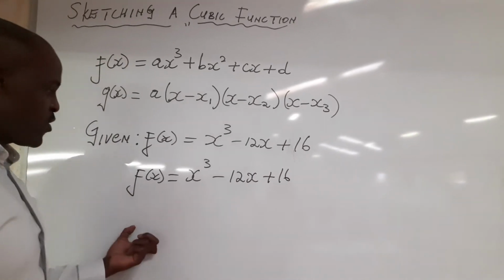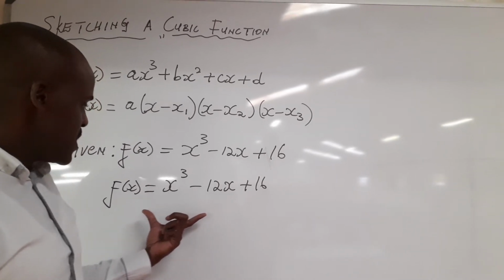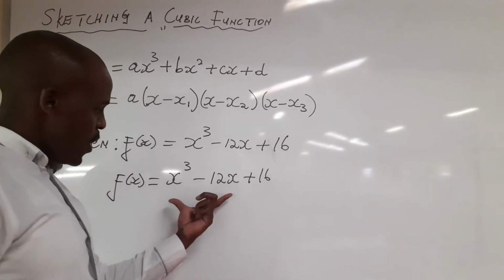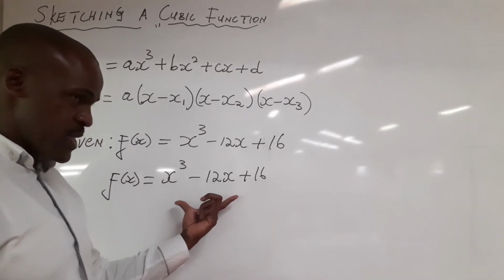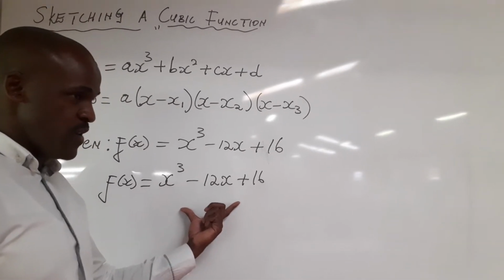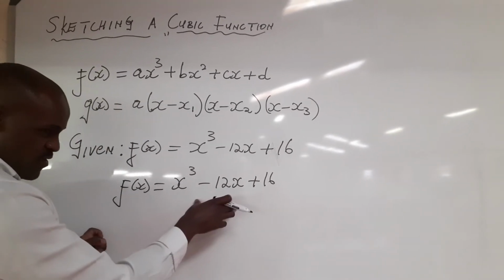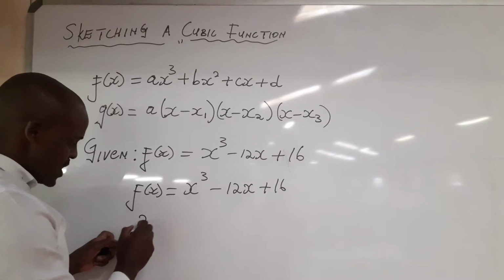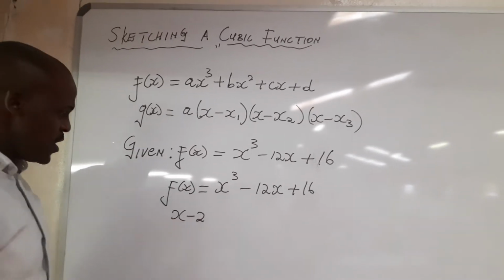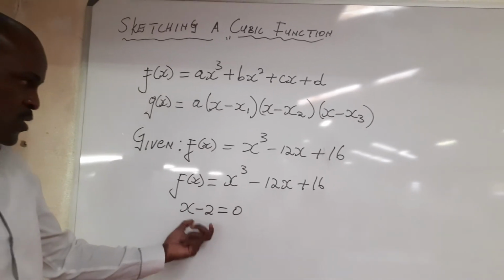Remember that when we talk of the factor theorem, we said if you are to substitute with that value of x, it has to give us 0. This equation has to give us 0. So you are being given that f of x is equal to that, and you are to see if x minus 2 is a factor of that. It's simple. You equate this to 0.